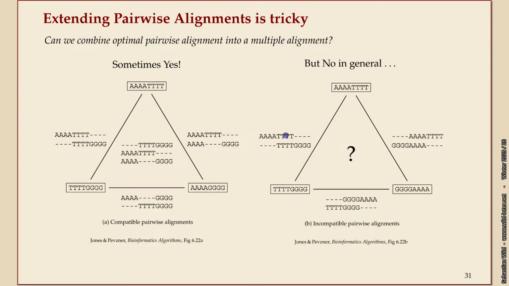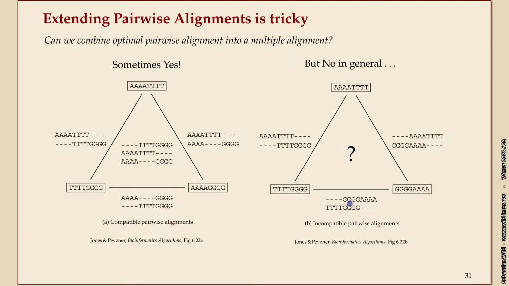Right, here we would want A, then T, then G. But here we want the T's, then the G's, then the A's, and here we want the other direction. So that's not gonna nicely go together. In a way you can say these pairwise alignments are incompatible. There's no way to just glue them together and still get a valid alignment. They split up strings in an incompatible way.